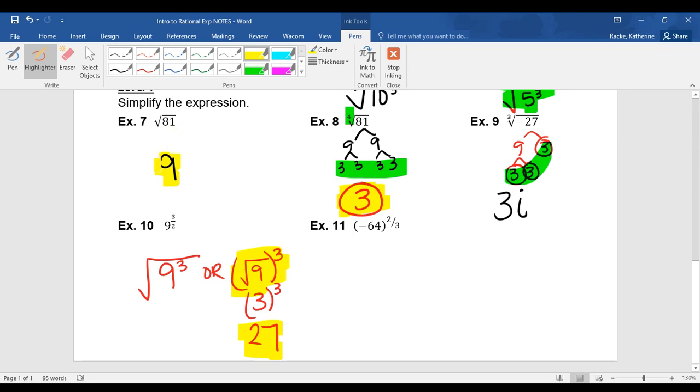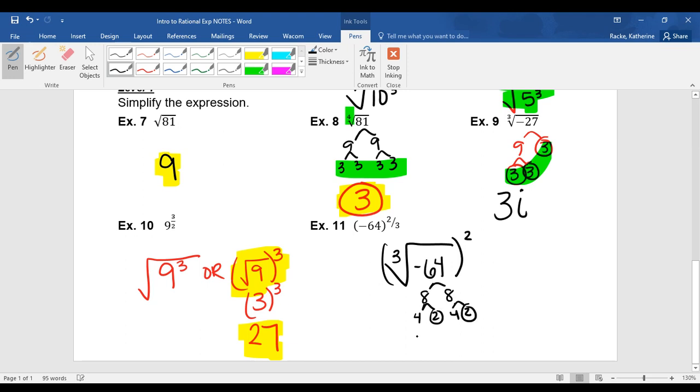Example 11, I have negative 64 to the 2/3 power. If I wrote this out, I have the cube root of negative 64, and I'm going to leave it as squared. See what 64 breaks down into. I know it breaks down into 8 and 8, which breaks down into 4 and 2, and 2 and 2.